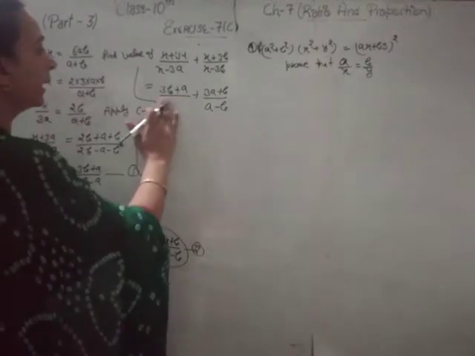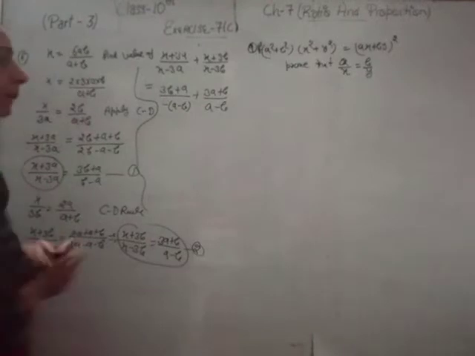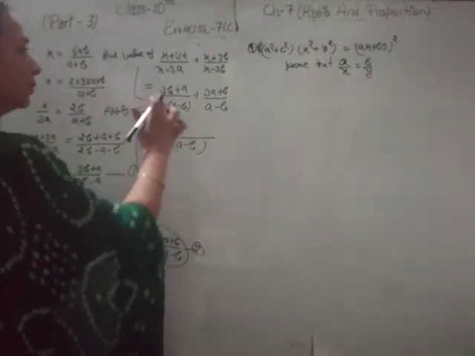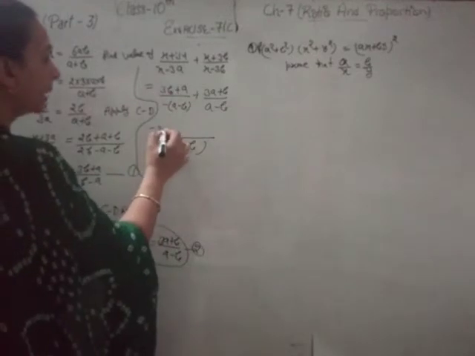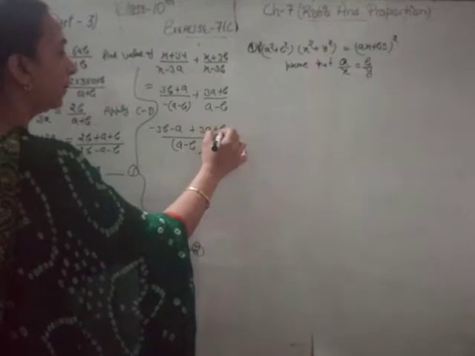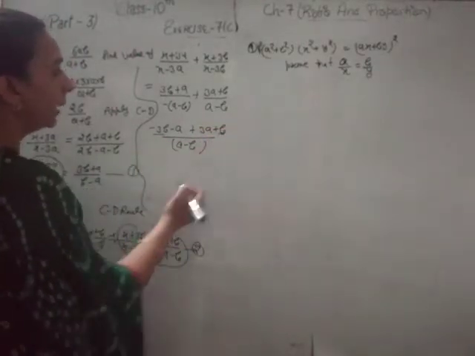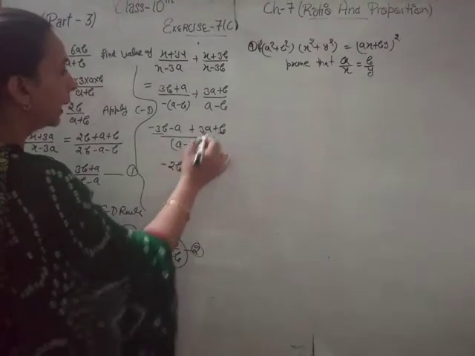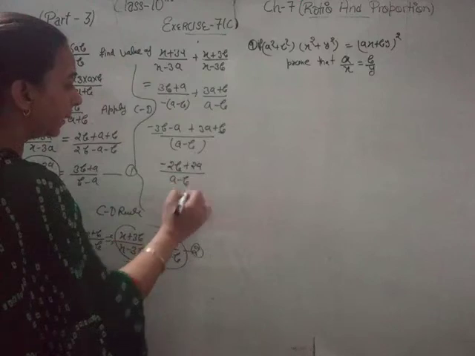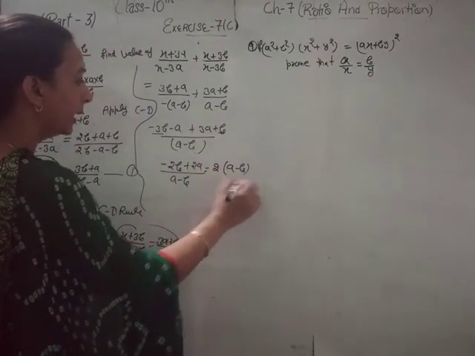If you write this a minus b, then take common minus, then we write a minus b. Okay, then LCM is a minus b, then minus 1 we multiply this, minus 3b minus a, then plus 3a plus b, then minus 3b plus b minus 2b, again plus 3a, then plus 2a divided by a minus b, and we write this 2, then a minus b same as it is.